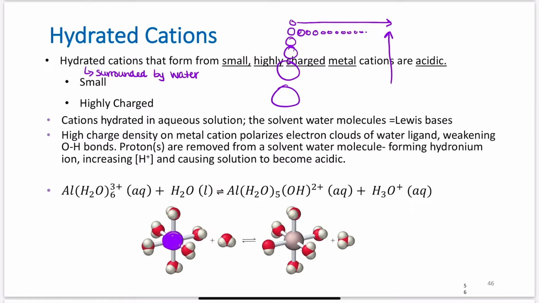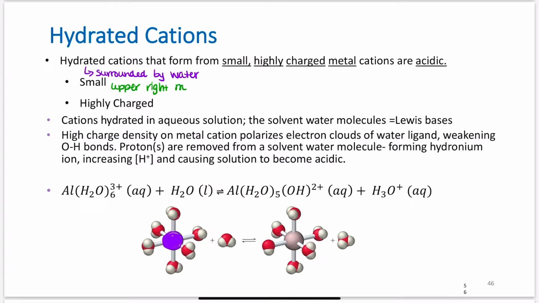So upper right metals on the periodic table. Now, that means metals, not the upper right of the table, the upper right portion of the metals themselves. Remember, the upper right part of the table is actually your non-metals. But this, in highly charged, +2, +3, or +4 cations.